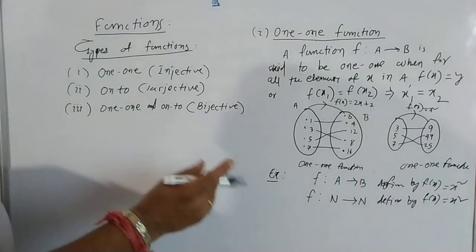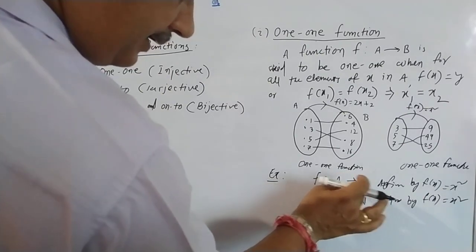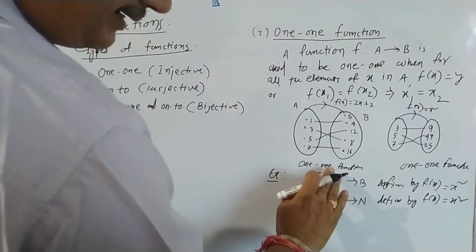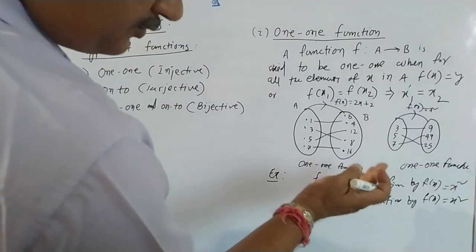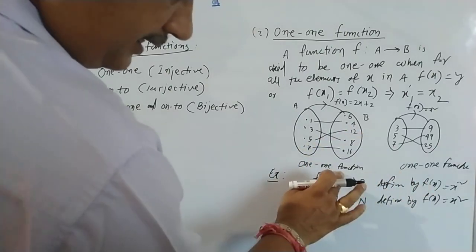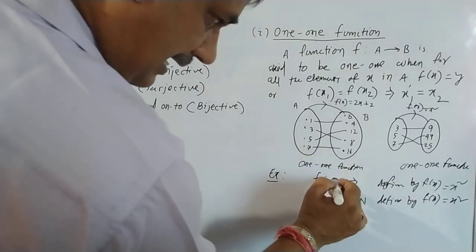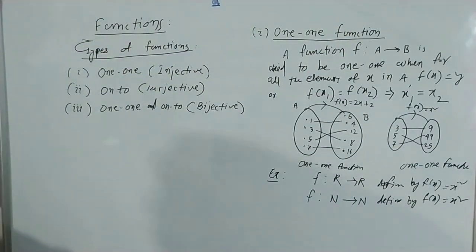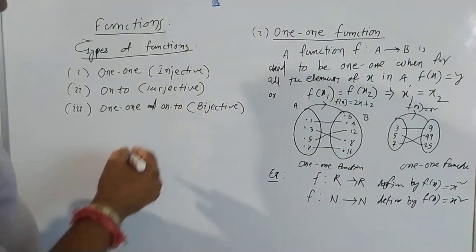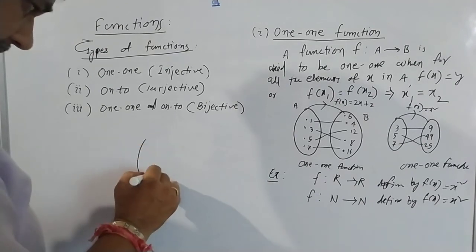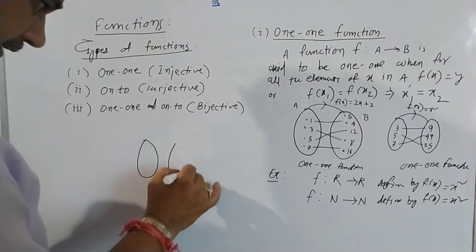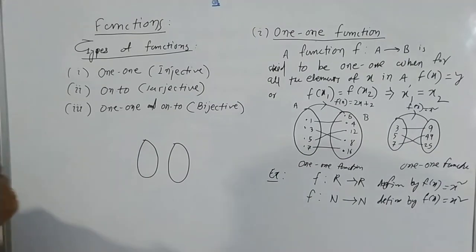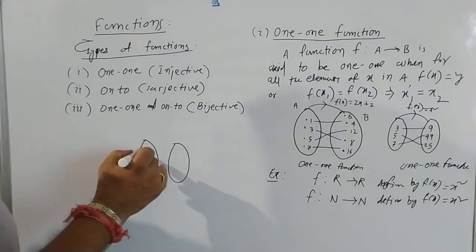So here for A, B, it is not written whether it is the set of natural numbers or whatever it may be. If it is mentioned R, the set of real numbers, then let us check whether it is one-one or not.